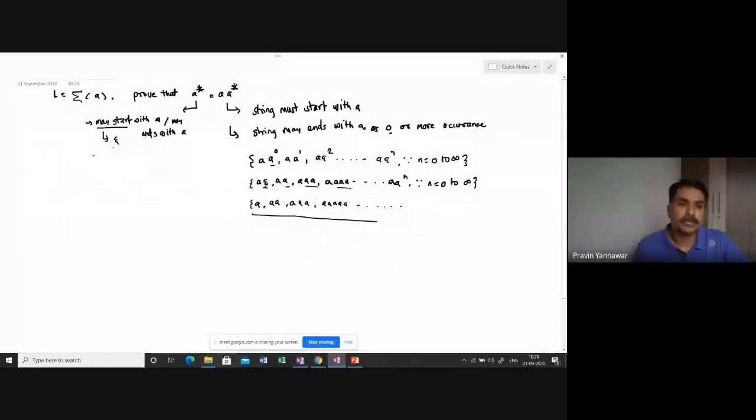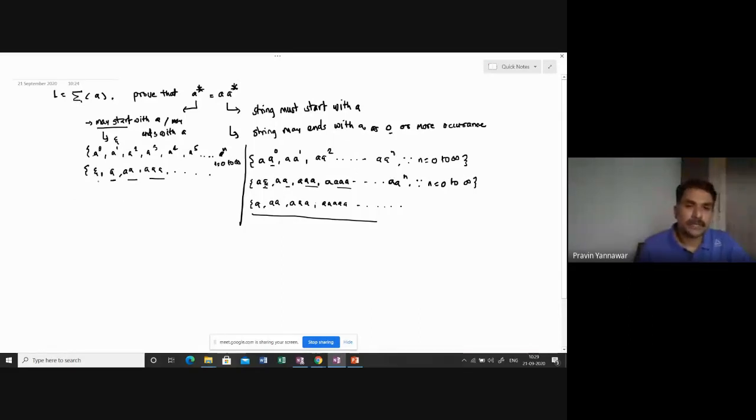So in this case, what is going to happen? We'll say it is A raised to 0, A raised to 1, A raised to 2, A raised to 3, A raised to 4, A raised to 5, so it is A raised to N, where N goes from 0 to infinity. A raised to 0 is epsilon, then A, and so on.